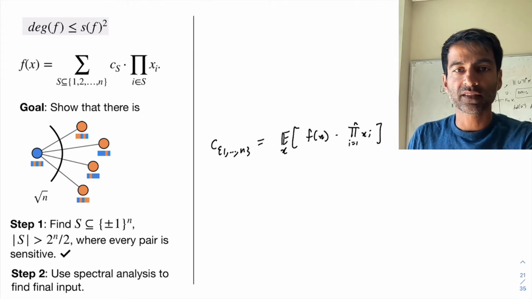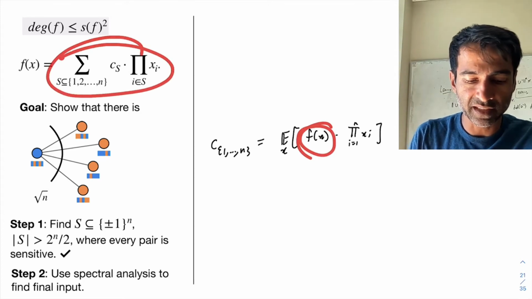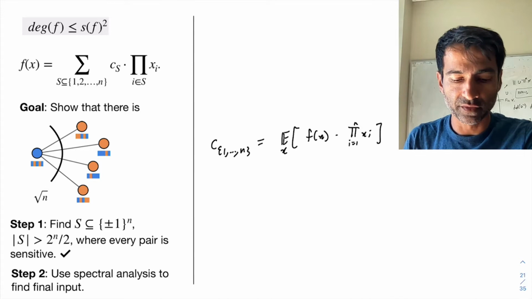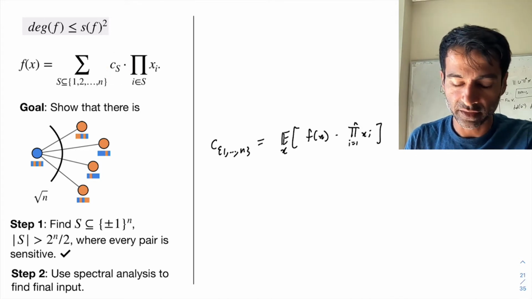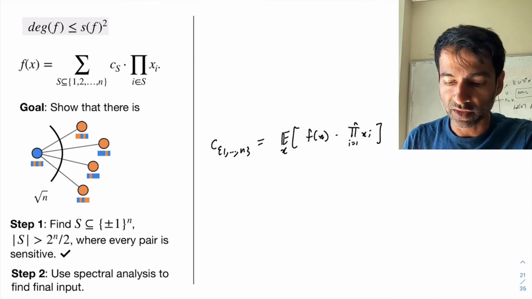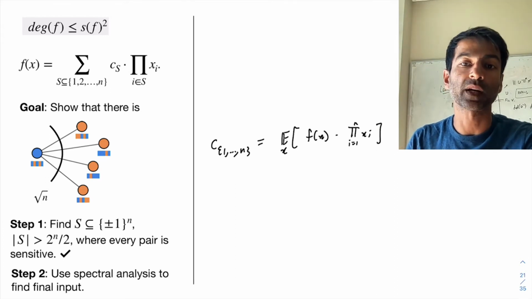That's because if you replace f of x with this expression, the very top coefficient will contribute itself, because when you multiply with the product of all the variables, all the variables get squared and become equal to 1.